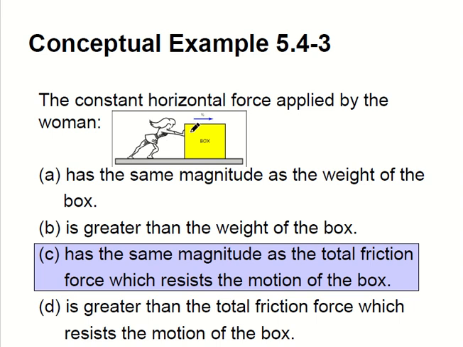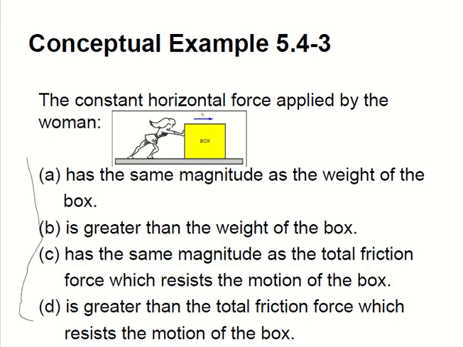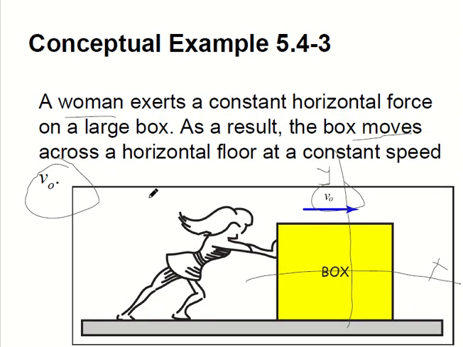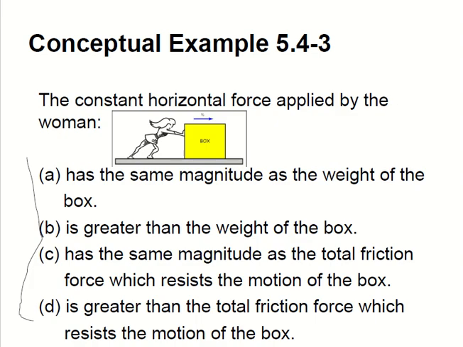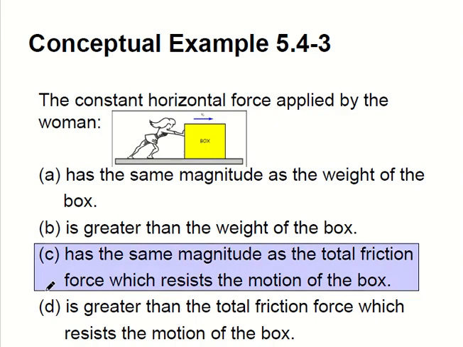So now we are looking at the situation where she is pushing the box. It doesn't say anything about this. So when you go back to this, you are going to see that it's just telling you the box moves across the horizontal floor with a constant speed. Okay, and this is the reason why I'm going to write that down again here.